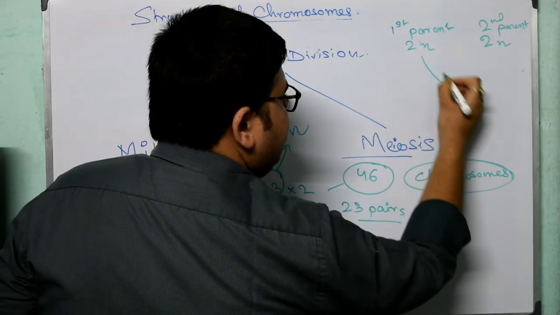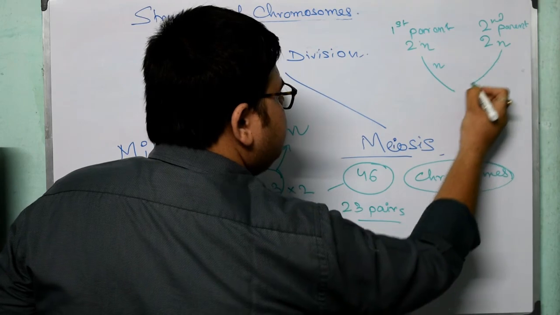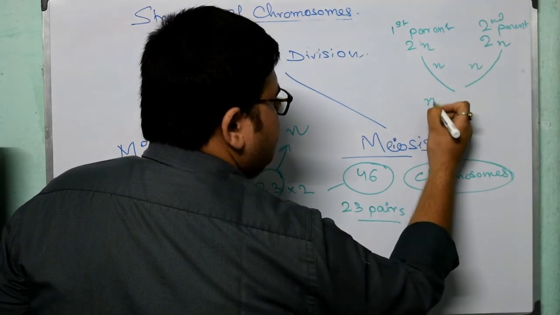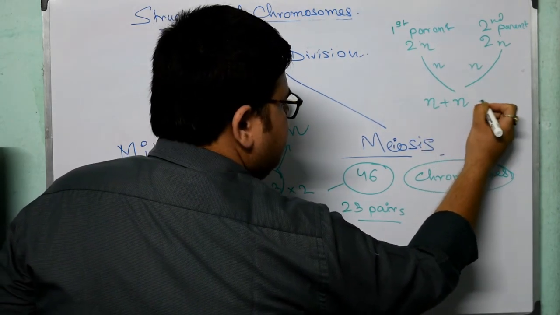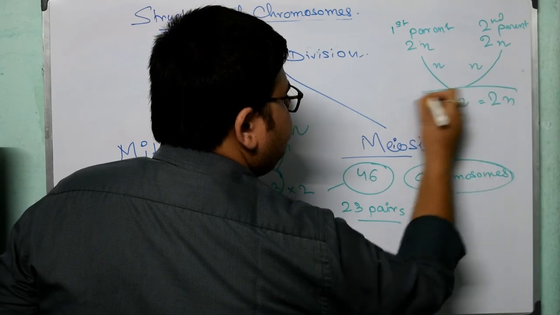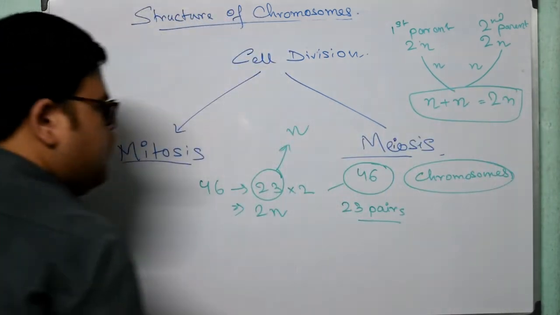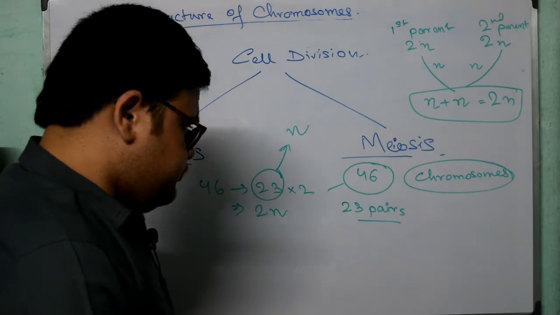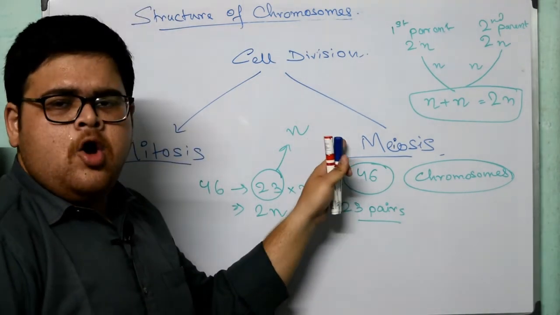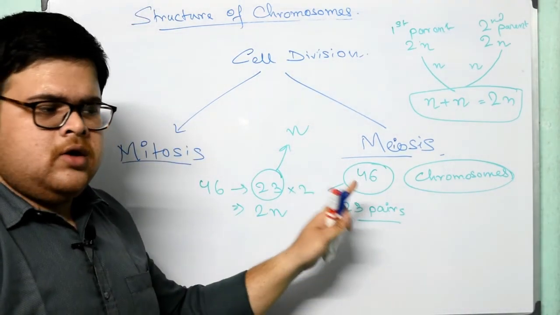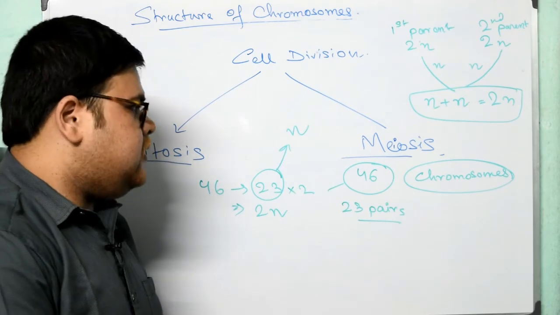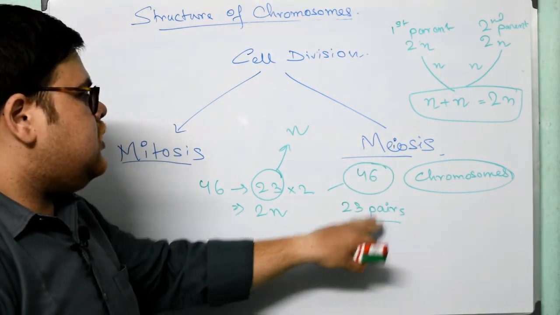What happens? An n cell comes from here, another n cell comes from here, and it becomes n plus n equals 2n. So we call meiosis the involvement of two parents.